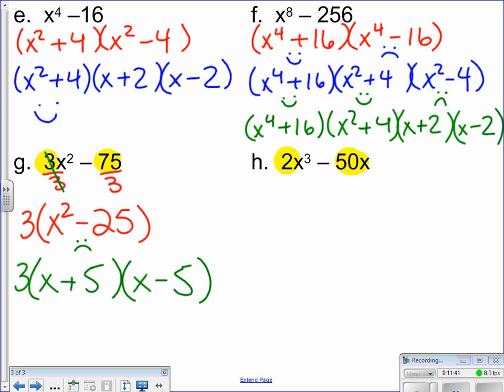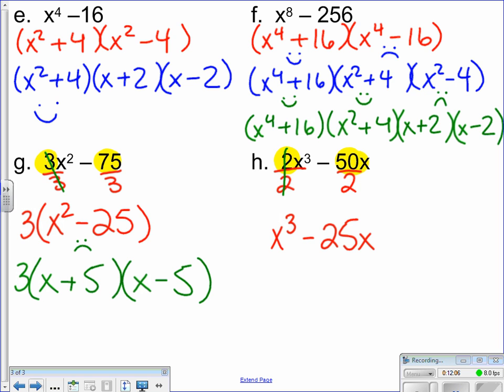All right, I'm hoping you divided by 2. You would have crossed out the 2's, and you would have gotten x cubed minus 25x. Well, that's not a perfect square. It's x cubed. But if you didn't notice, there was an x in both of these.